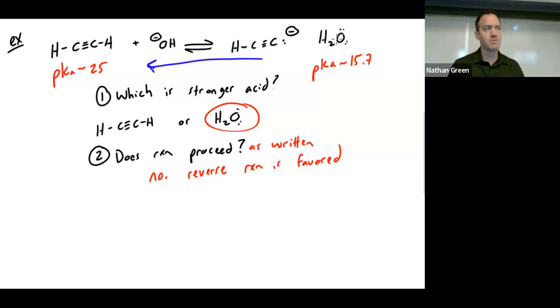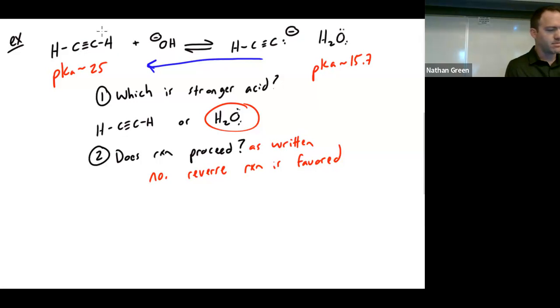Does everybody see the mental gymnastics we have to go through here? We have to figure out what this is going to turn into and who's going to gain the proton. I am asking a weaker acid to form a stronger acid. It doesn't react that way. Stronger acids will react to form weaker acids.